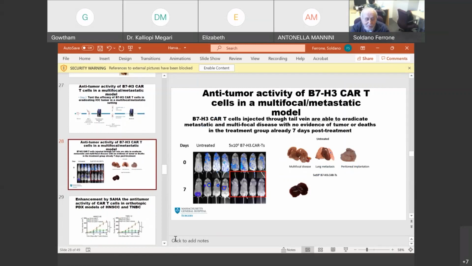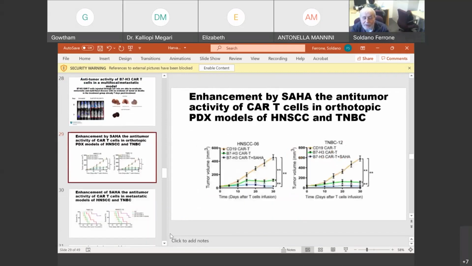Now, in the last few minutes of my presentation, I'd like to briefly show what we have done in 2 other types of tumors. One is a head and neck cancer. The other one is a triple negative breast cancer. And so we have asked the question whether we could increase the activity of CAR T cells expressing B7H3 by treatment with an HDAC inhibitor, SAR.